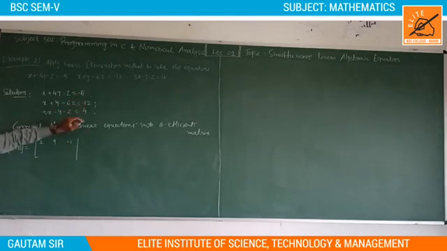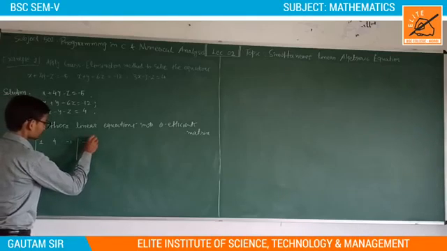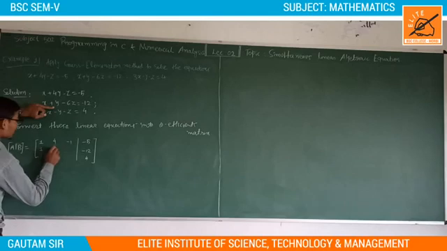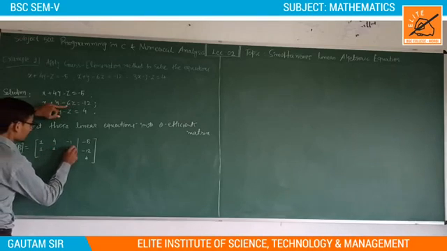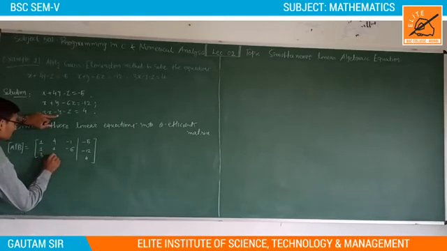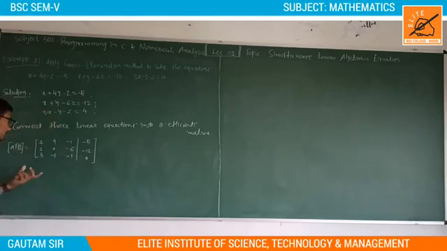It is the column matrix minus 5, minus 12 and 4. Now in the second equation, the coefficient of x is 1, of y is 1, of z is minus 6. In the third equation, the coefficient of x is 3, of y is minus 1, of z is minus 1. Convert that matrix into triangular form.